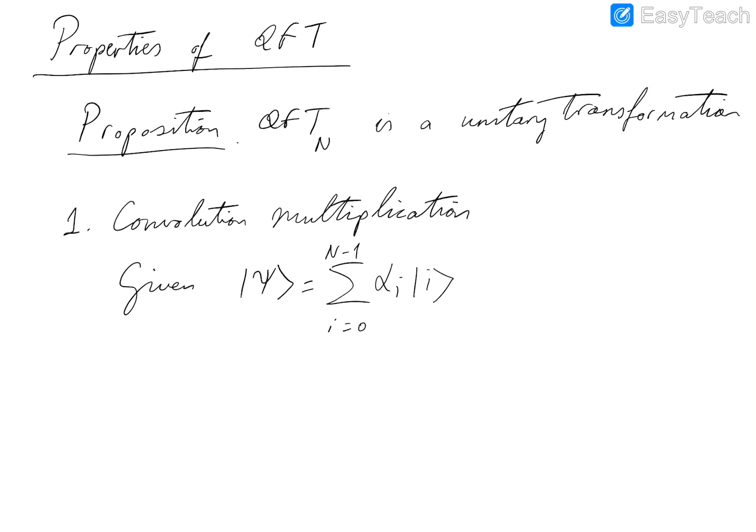Of course, we assume that the state is normalized, so the summation of the square of the magnitudes of alpha i is equal to 1.